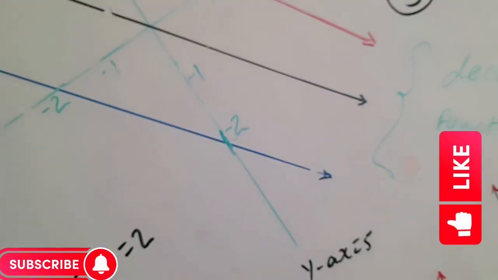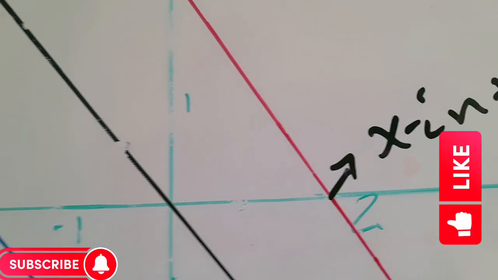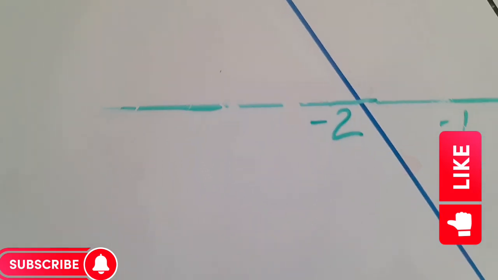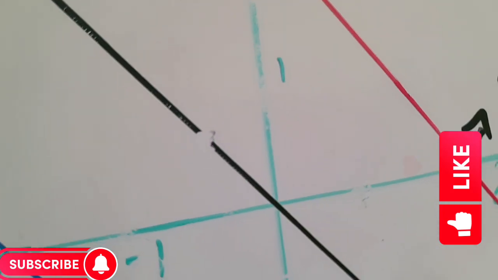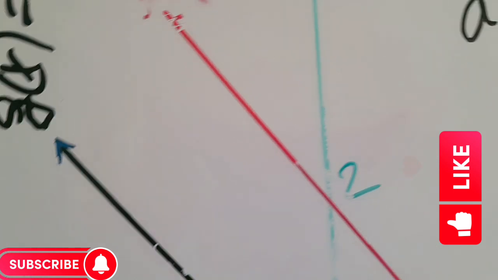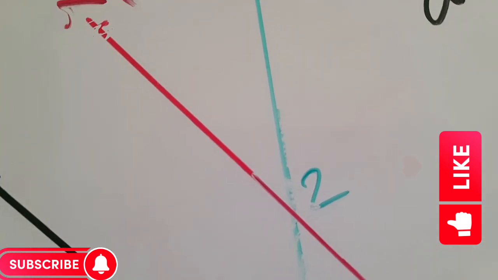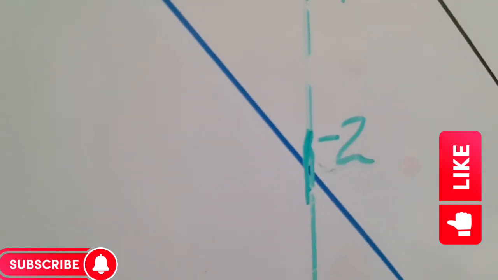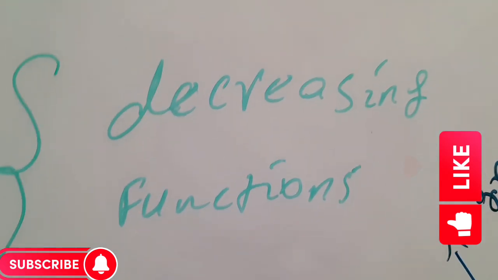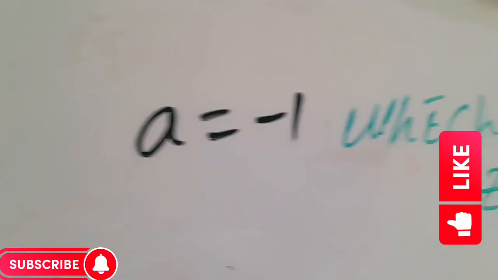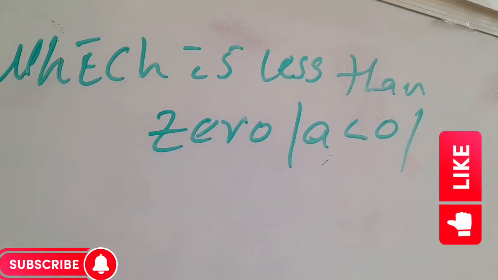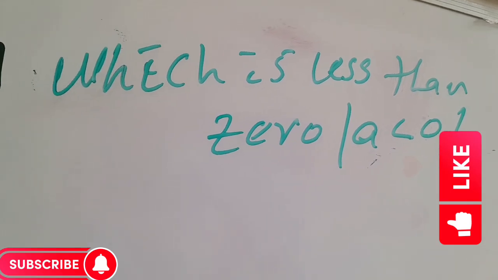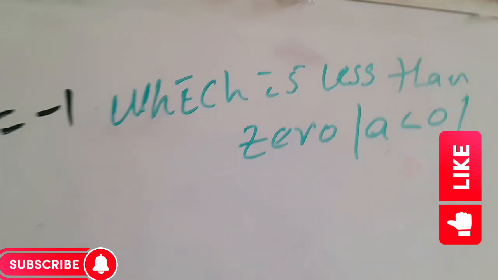Here are the x-intercepts, this one passes through the origin, and here are the y-intercepts. So these are decreasing functions, where a equals -1, which is less than 0.